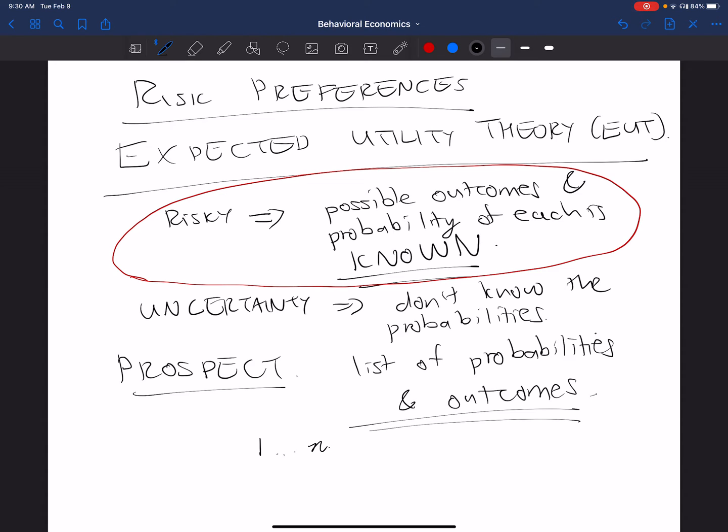If the thing that we get in an outcome is y, we've got p1, y1, p2, y2, all the way to pn, yn. Those show us the different sets of probabilities and outcomes that can occur, where y is what we get in an outcome and p is the probability that that outcome occurs.